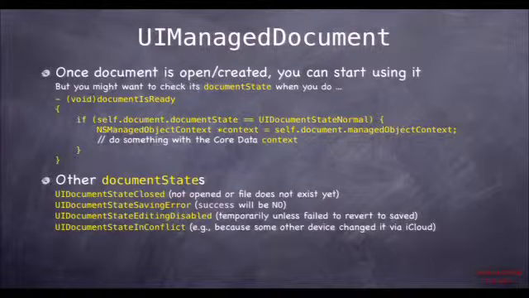But what happens here is you've got another version of the document that's different, and those two versions conflict. Okay, they're trying to touch the same objects in Core Data, maybe set the same attributes to something different. You have to manually resolve that conflict.